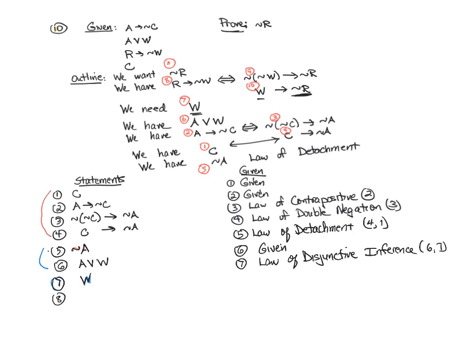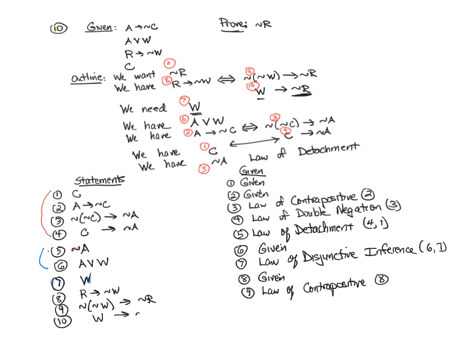And now that we have W, we go to this given, if R then not W, and that was given. Take the contrapositive of that. If not W, then not R. And I'll say law of the contrapositive in step 8. And then, of course, we write down if W, then not R. Law of double negation.